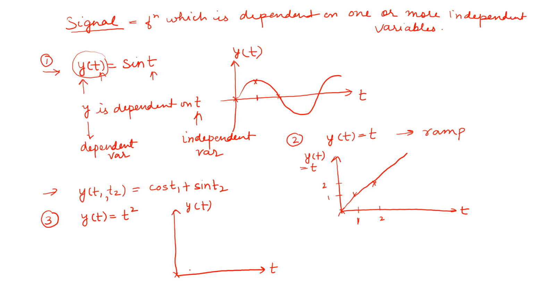If t equal to 1, I'll get y(t), that is t square, also equal to 1. But if t equal to 2, I'll get t square equal to 4. So I'll get some point here, if this is 1, 2, 3, 4. So here I'll get a graph something like this. This is also a type of signal.